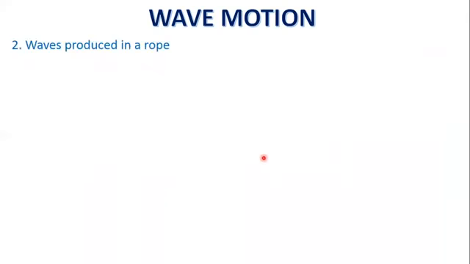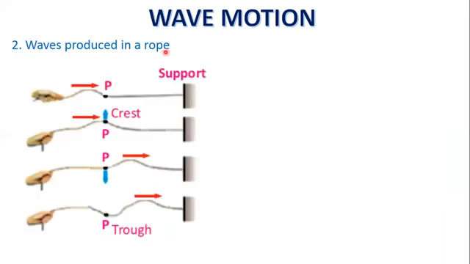Activity number 2. Waves produced in a rope. Take a rope and mark a point P on it. Tie one end of the rope with a support and stretch the rope by holding its other end in your hand.